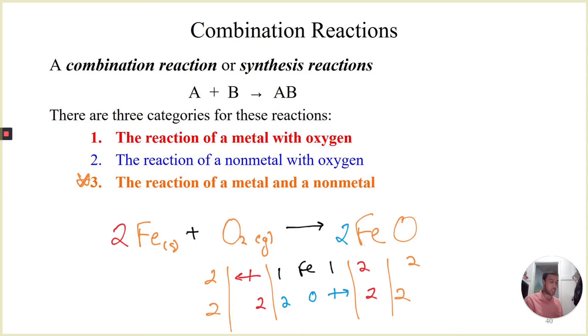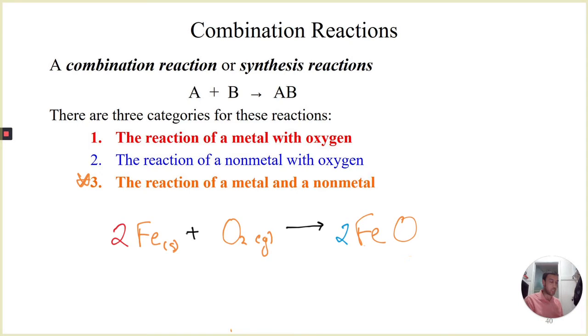That is what I expect you to be able to do. I also expect you to be able to look at this equation and be like, aha, that is a combination reaction. And you would know it's a combination reaction because according to the pattern for combination reactions, we start with two things and they become one. When we go through and look at this, there's two things becoming one thing.